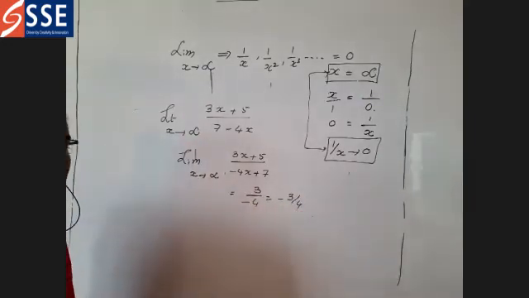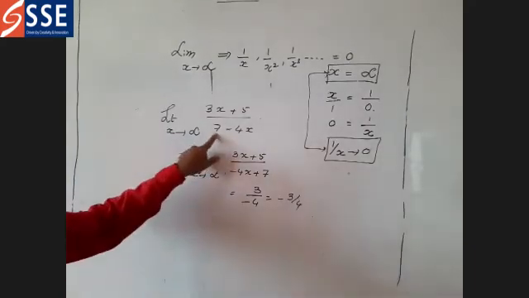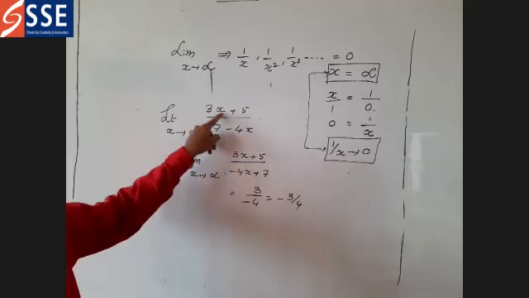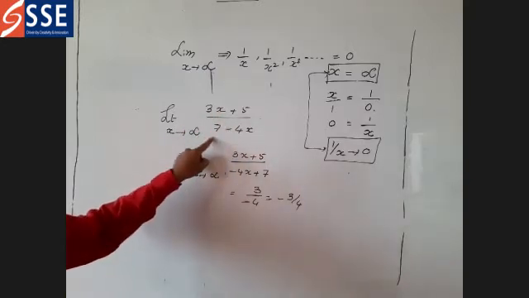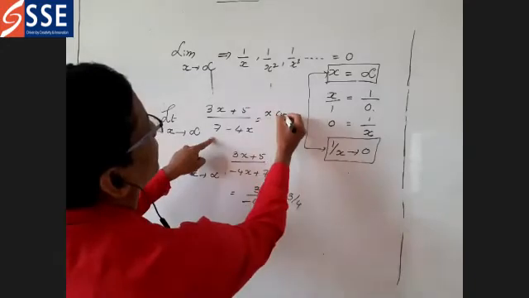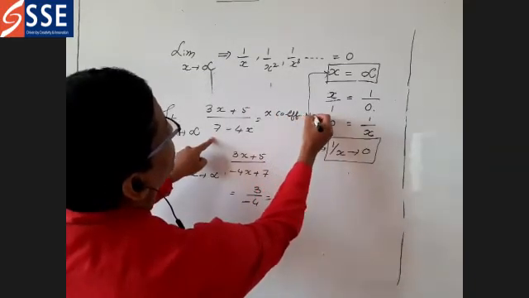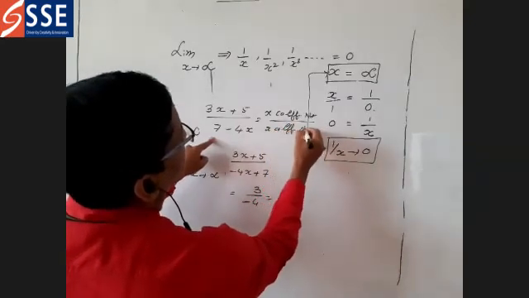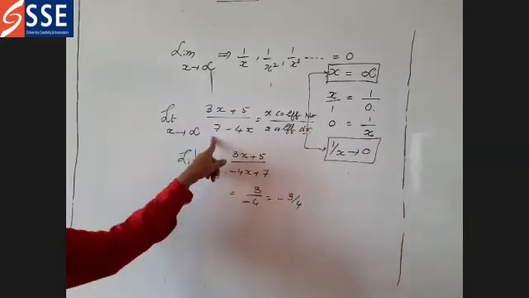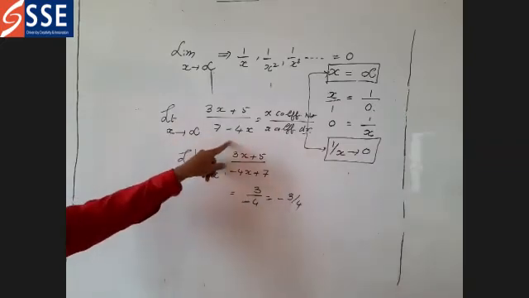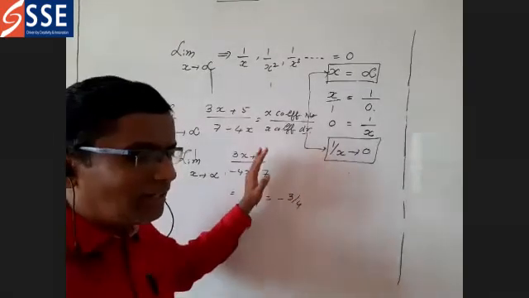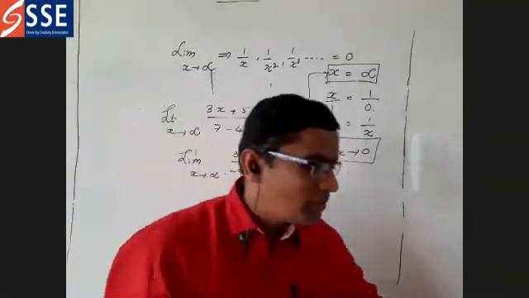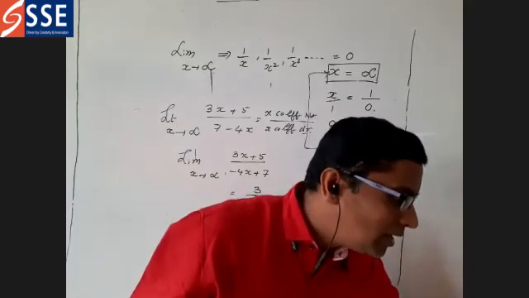Many of you are thinking, sir, 7 is there at the start. 7 is a constant here, not the x coefficient. So the formula I am writing is the x coefficient of the numerator divided by the x coefficient of the denominator. Don't go for constants. In IIT or EAMCET, they shuffle the questions to confuse you a little. But if you know the basics well, okay.